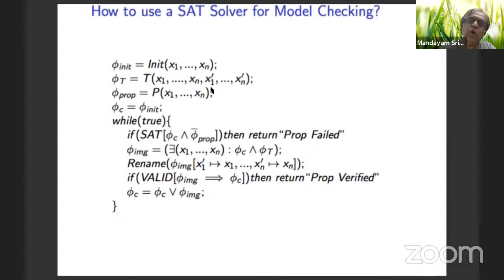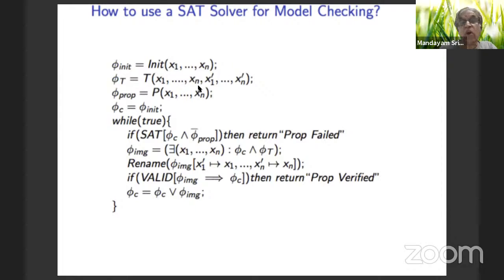For some of you who have not gone through this, I encourage you to listen to the lectures on SAT solvers that I covered in the SMT class, which I have uploaded to the model checking Moodle page as well.